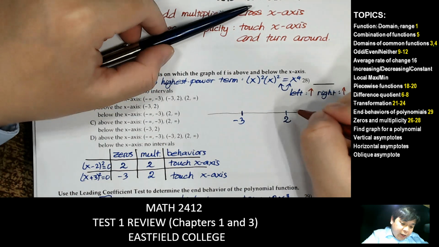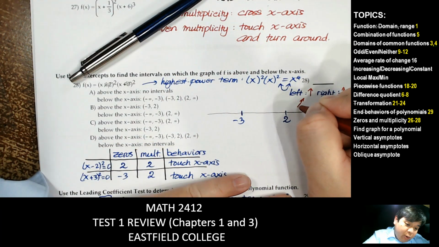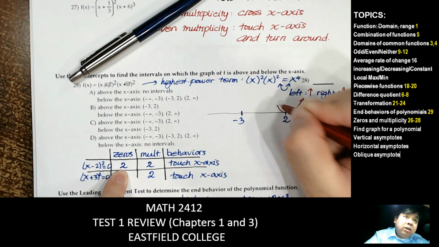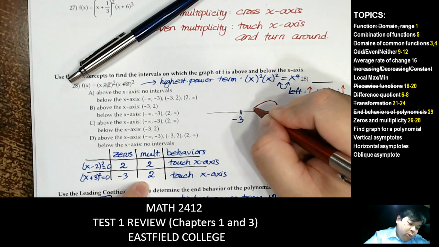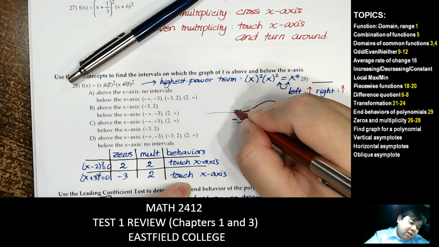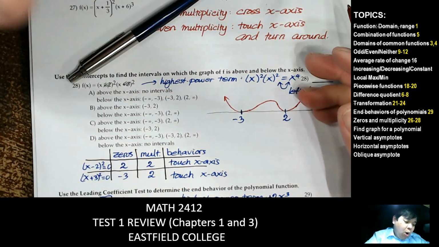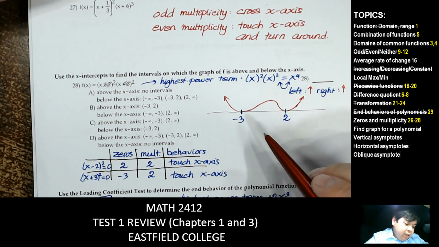Now, if we know this is up, it will go like this. It will go down and go to 2, but at x equal to 2, it will touch the x-axis and turn around. And then it goes back down to negative 3, where it also touches the x-axis and turns around. So by the look of the graph, we see that all of it is above the x-axis, except for those points.